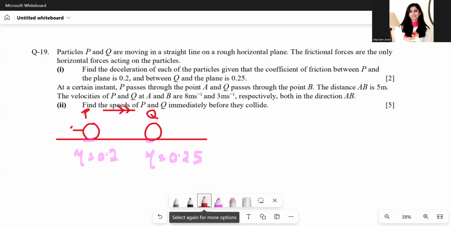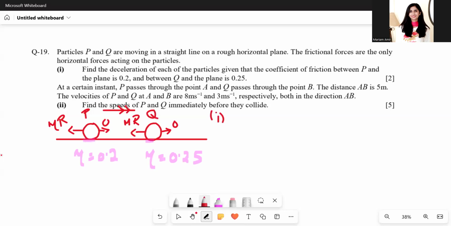Then we'll have a friction in this direction, mu R, and in this direction, mu R. There's no forward force, so zero forward force for both the particles. And we're going to use Newton's second law: forward force minus backward force is equal to ma.